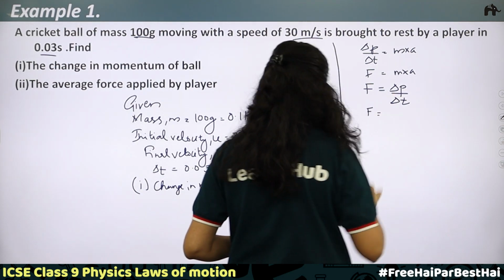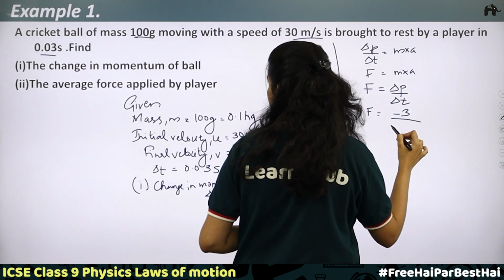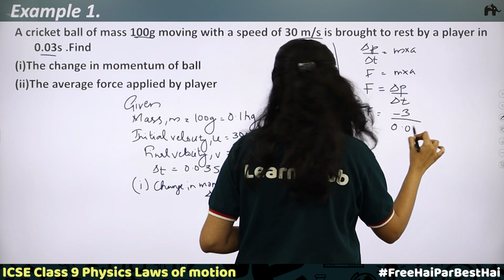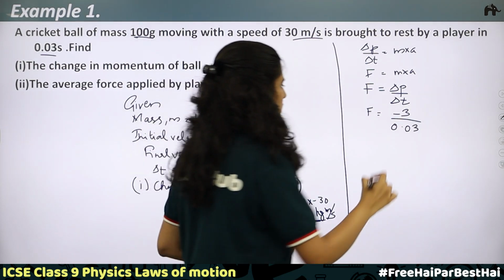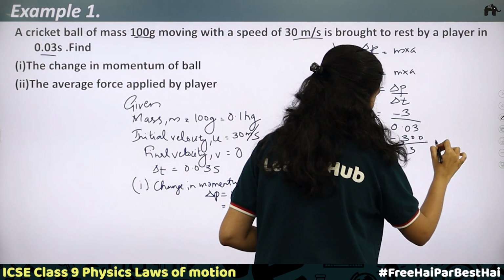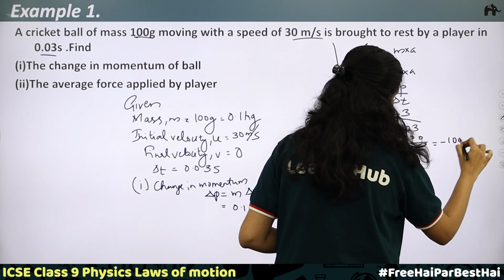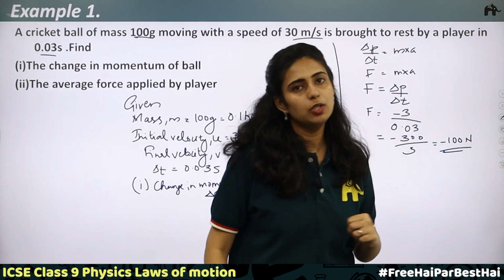Average force will be equal to delta p, which is minus 3, divided by delta t, which is 0.03 seconds. So, how much do we get? This becomes minus 300 divided by 3, which is equal to minus 100 Newton. So, the average force is minus 100 Newton.